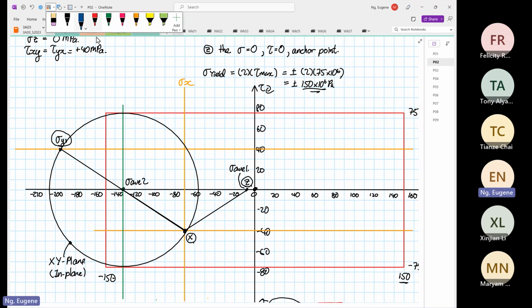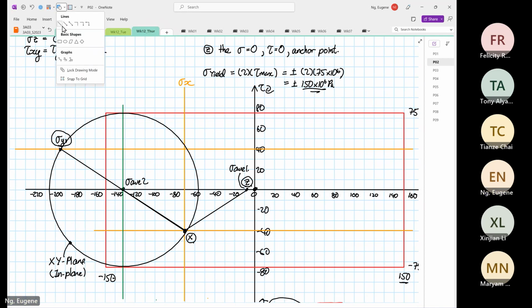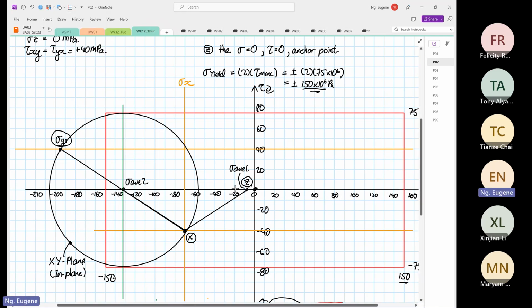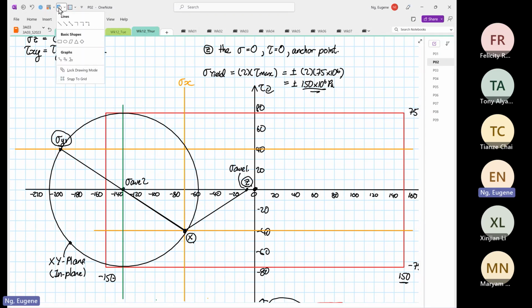And then we are going to draw another circle here. Okay, so this one, oh, I better note this is not properly drawn. I beg your pardon.